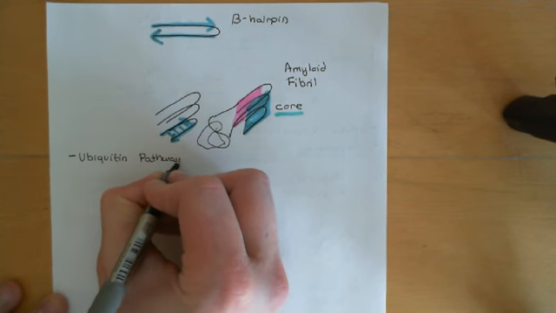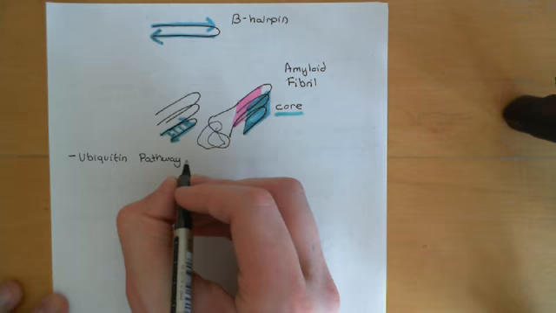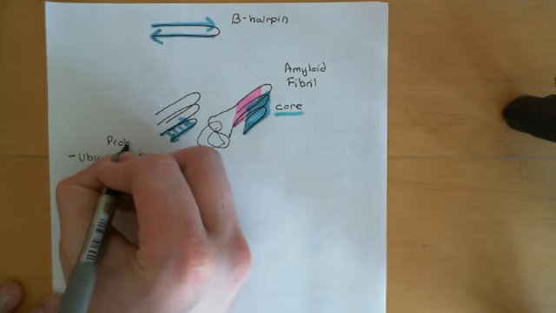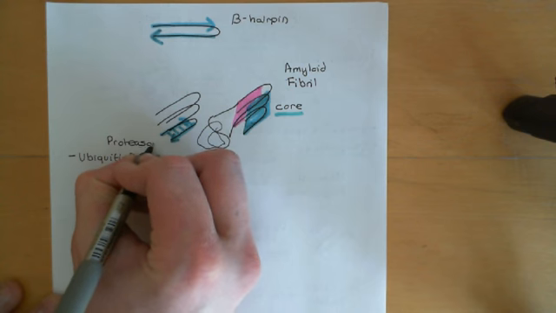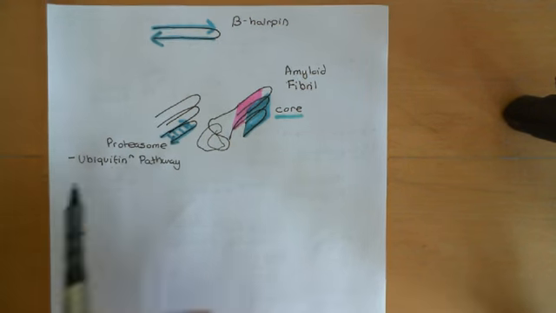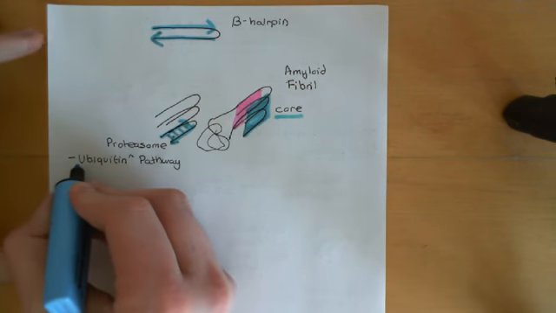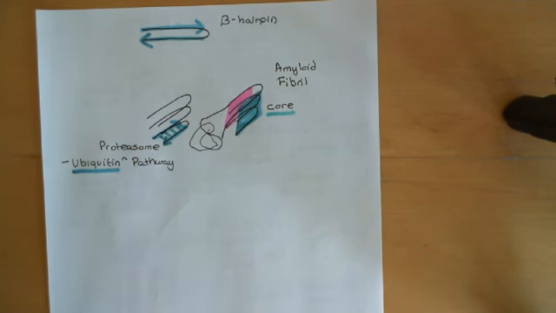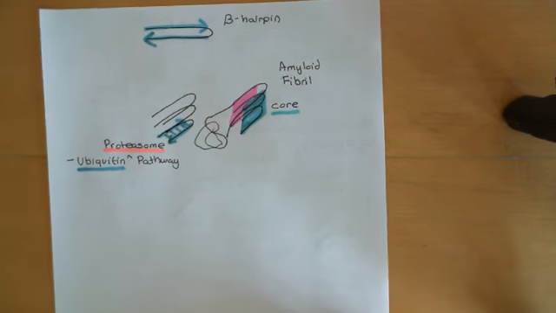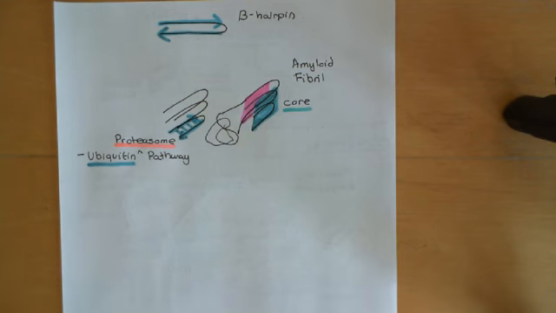It is a way that proteins which have been misfolded can be tagged by having a ubiquitin molecule attached onto them, and then this sends them for degradation by a structure known as the proteasome. So the ubiquitin proteasome pathway involves them being tagged and then destroyed by the proteasome.